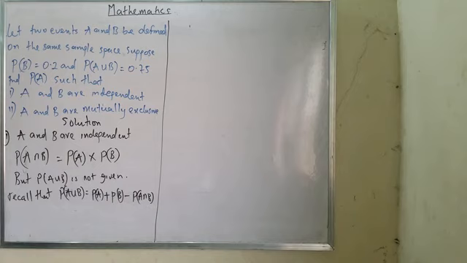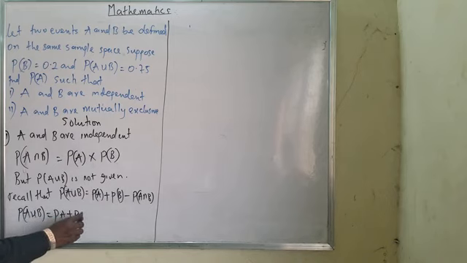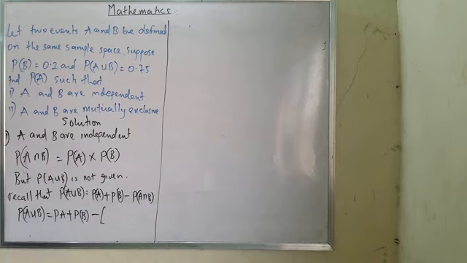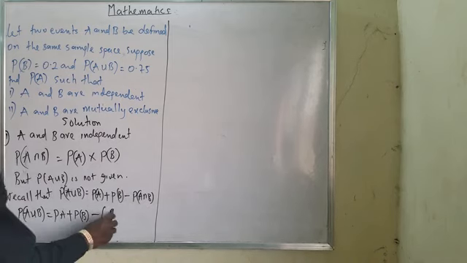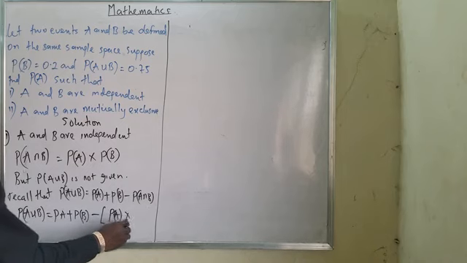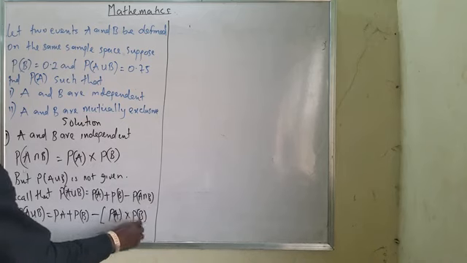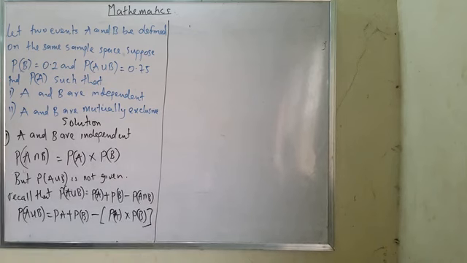Now, since you know that, I can now say that the probability of A union B equals the probability of A plus the probability of B minus the bracket, which gives us the probability of A multiplied by the probability of B. I think with this, I am good to go.